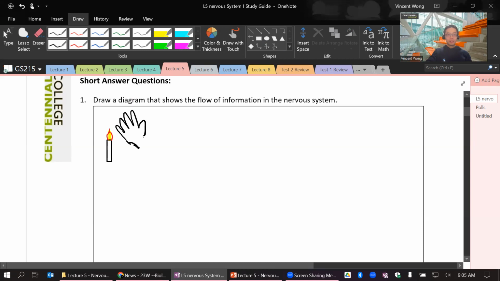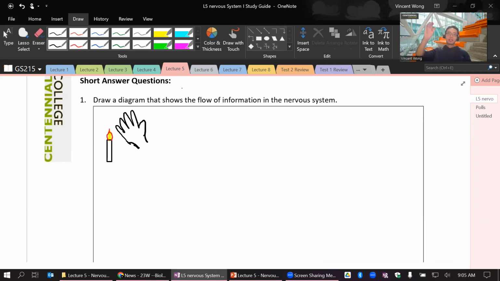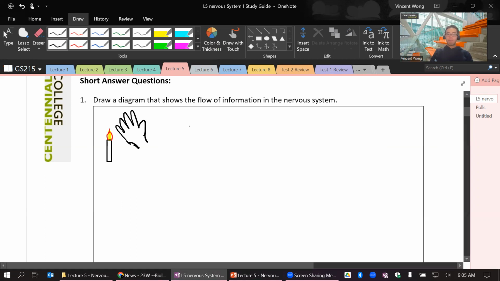If you put your hand on something hot, something sharp, immediately you're going to remove your hand, right? So what happens between touching the hot surface and then letting go of your hand? A bunch of things happen in between, right? So let's take a look at that.